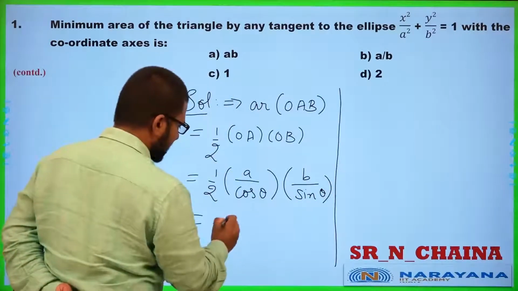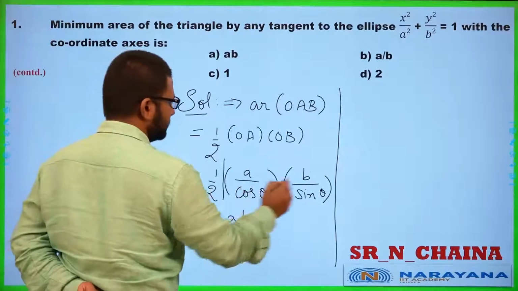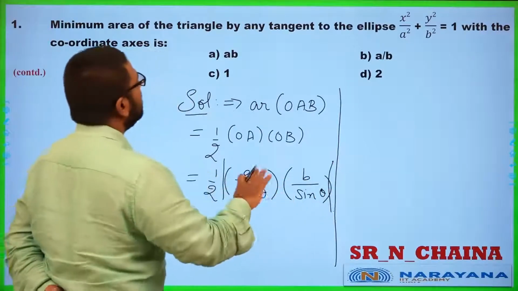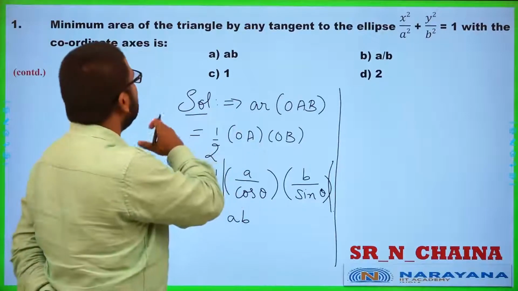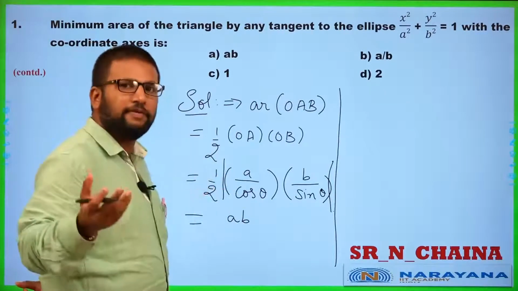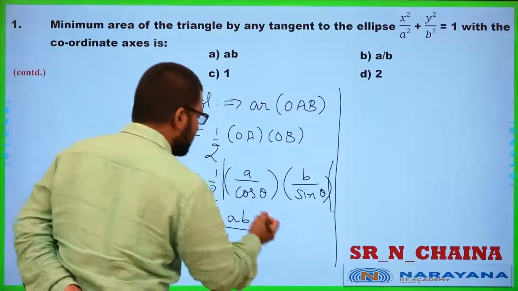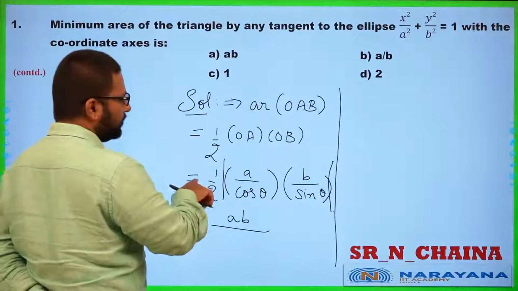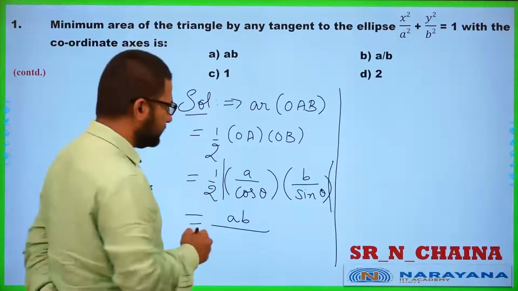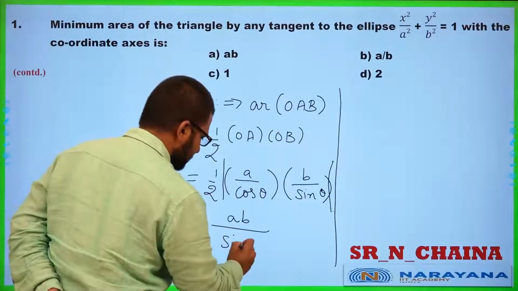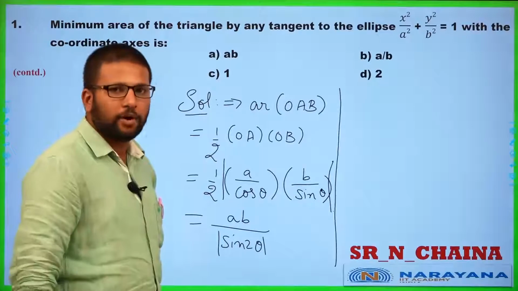Now, mind you, we should have a mod here, right? But let us take theta to be in the first quadrant, because even then we will get the correct value of that area. So ab upon 2 sin theta cos theta. What is 2 sin theta cos theta? Sin 2 theta, correct? If required we will put it in mod, right?